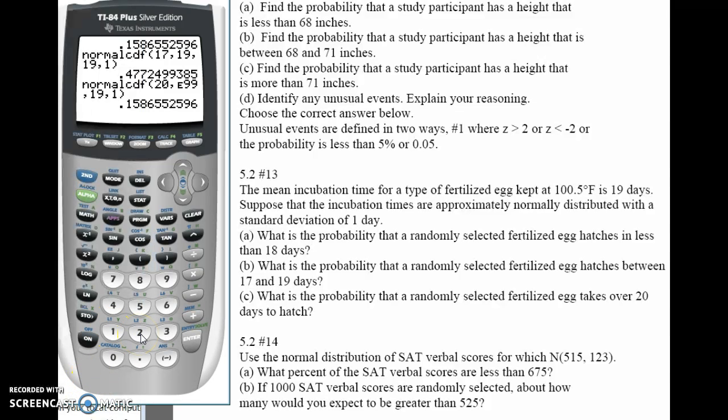This time, it says use the normal distribution of SAT verbal scores, which is normally distributed with a mean of 515 and a standard deviation of 123. What percent of the SAT verbal scores are less than 675? I'd say most of them, but we'll go ahead and try it.